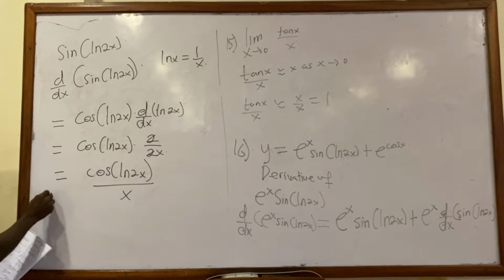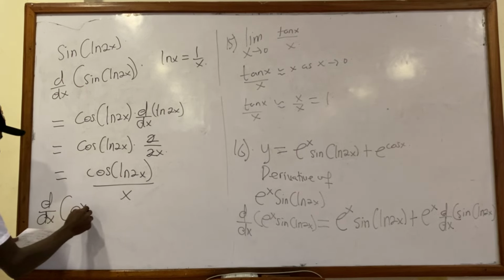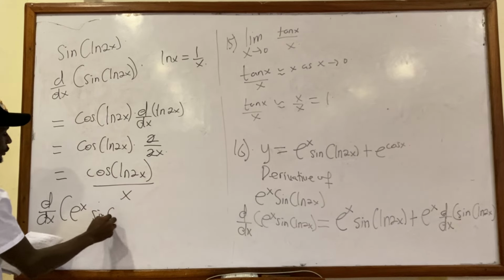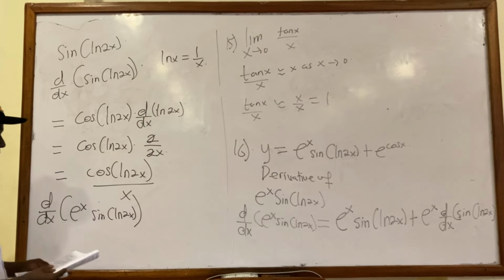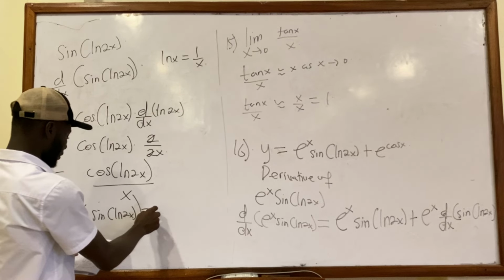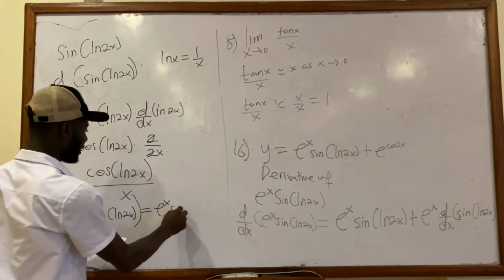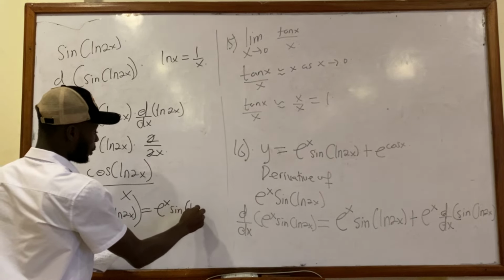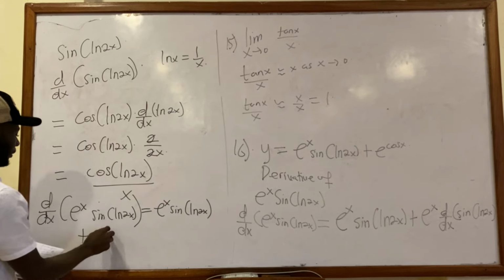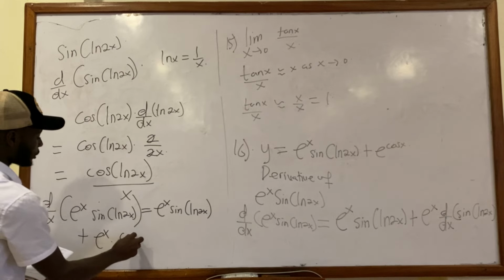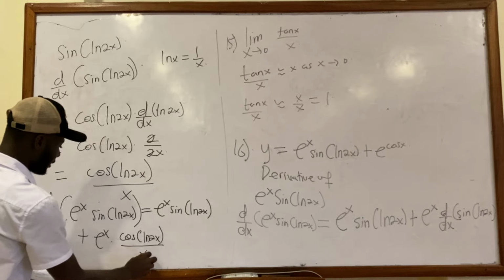So the derivative of e power x sine of ln 2x is equal to e power x sine of ln 2x, plus e power x times cos of ln 2x all over x.